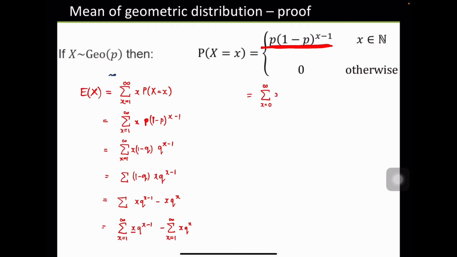So here I need to change it to x plus 1. And we have q to the power of x take away 1, which means the first x take away 1 will be 0, right? Because it's 1 take away 1, which is 0. So here, since our new starting point is at x equals 0, our index will be just x.